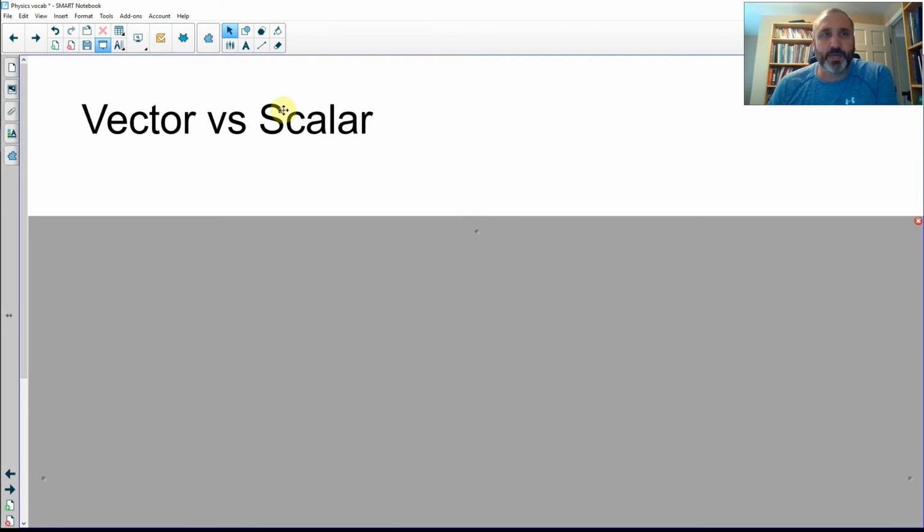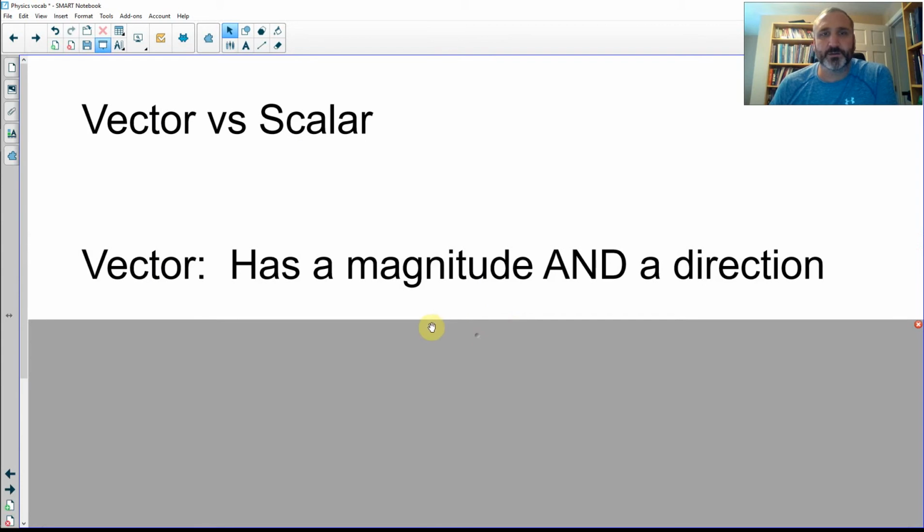And in physics, we have these two items to sort of differentiate quantities, numbers, that we'll see in the physics classroom. So the first thing I want to talk to you about is something that's called a vector. And a vector is any quantity that has a magnitude and a direction. So the magnitude here, the business end of this, is a number, all right?